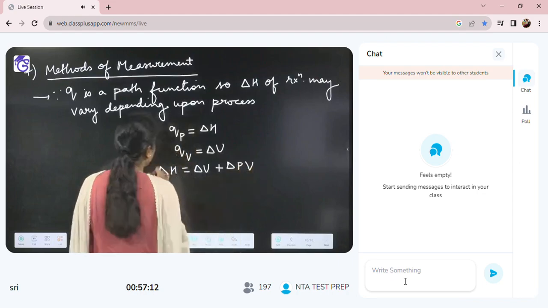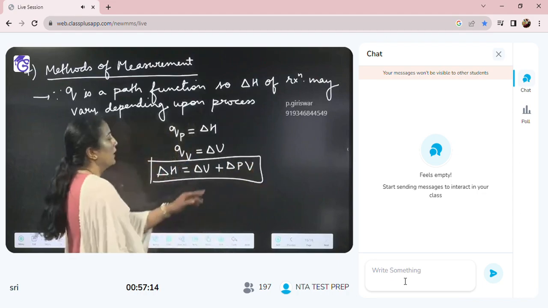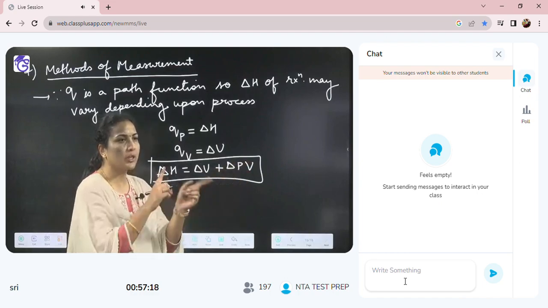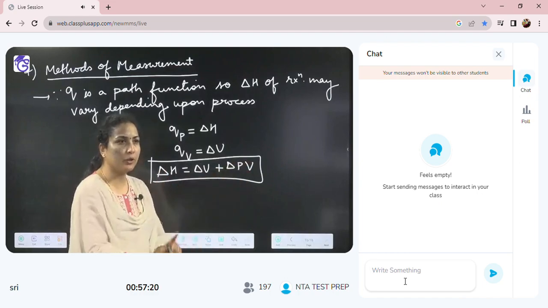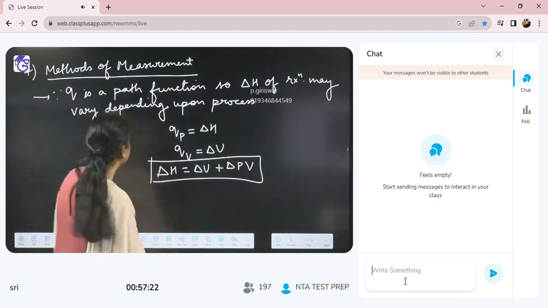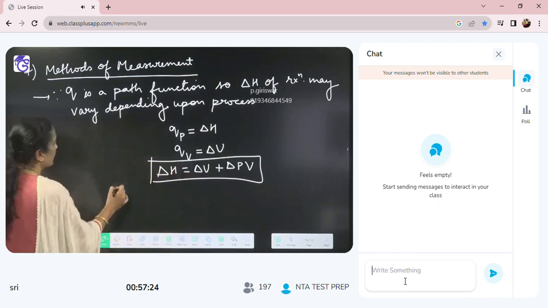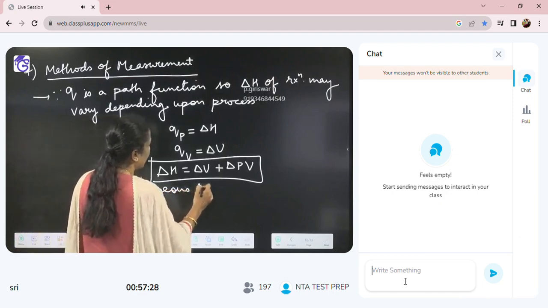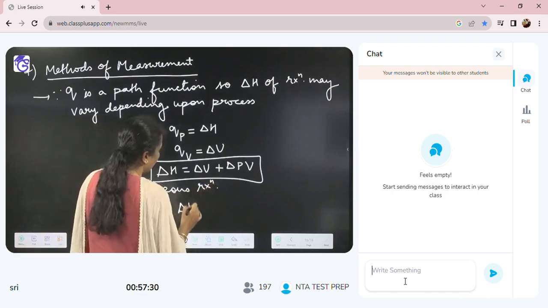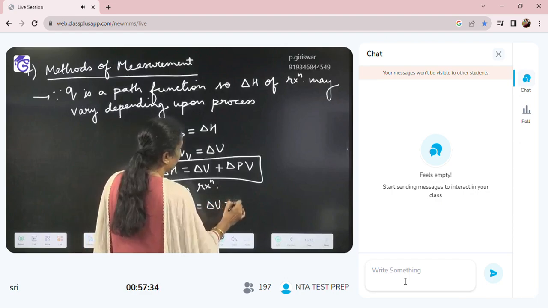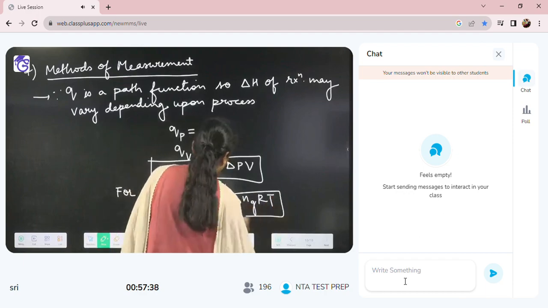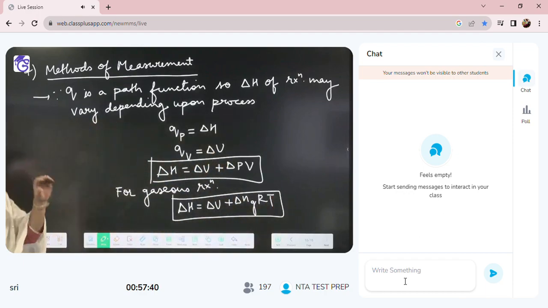Remember, this was the main formula. If the pressure is constant, P delta V; if volume is constant, V delta P; if both are changing, then delta PV, P2V2 minus P1V1. And for gaseous reactions, remember we have written delta H is equal to delta U plus delta Ng RT. We are just writing general information here, nothing more than that.